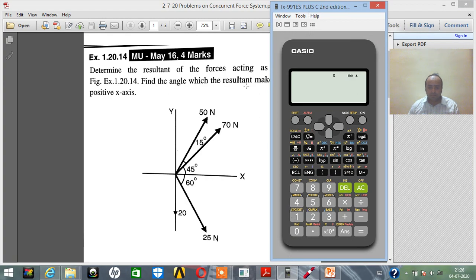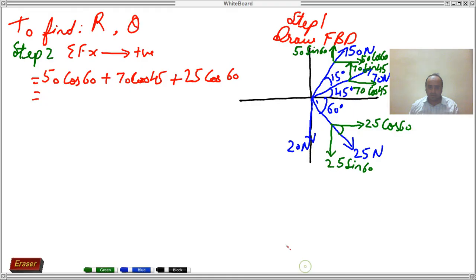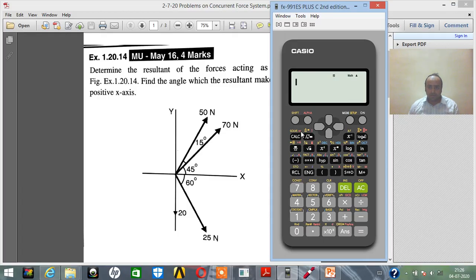Once again I'll be getting the calculator. So here it is.